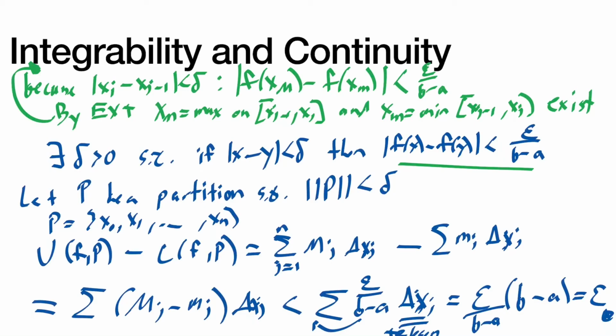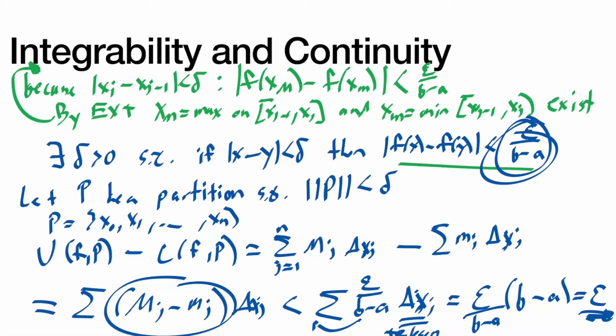So what you see is that if it's continuous, then we can say it's uniformly continuous. We can use the fact that the max and mins must be bounded by this epsilon over b minus a to get that the whole sum is less than epsilon.